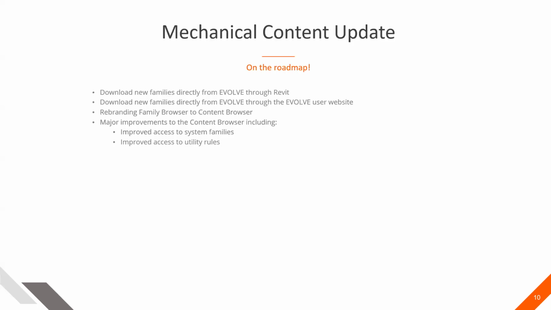I want to provide some functionality so when you go to the family browser, the content browser, and load in a given family, and it needs these 3 parameter sync rules, how do you know that those are needed? Can I load them in with it? We're looking into ways to make that a little bit easier for you through the content family browser.